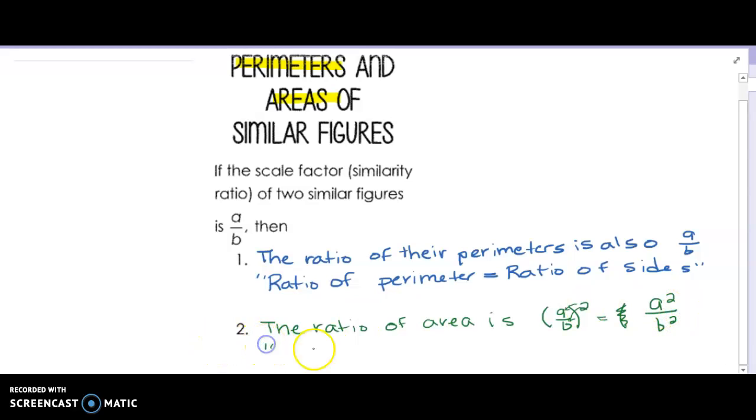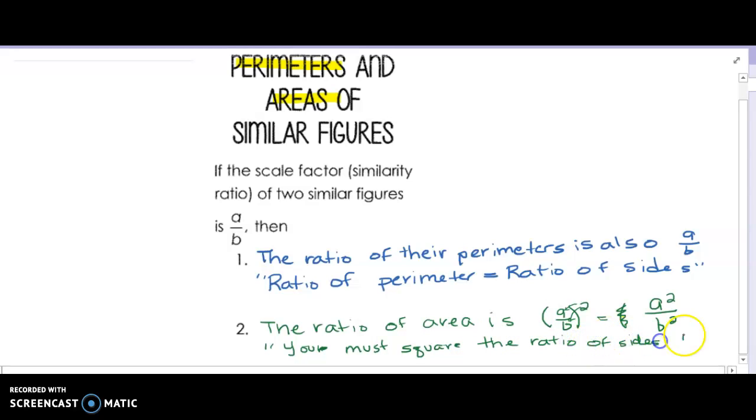So in other words, you must square the ratio of the sides to get the ratio of the areas.